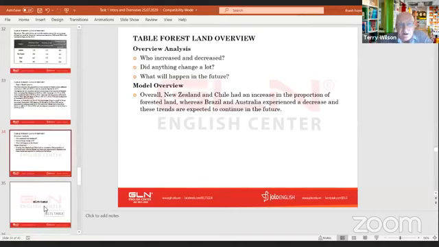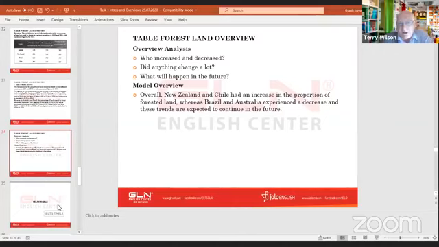So who has increased and decreased? So we know that 2 countries increased and 2 countries decreased. Did anything change a lot? Not really. And because this question is a projection for the future, what will happen in the future?